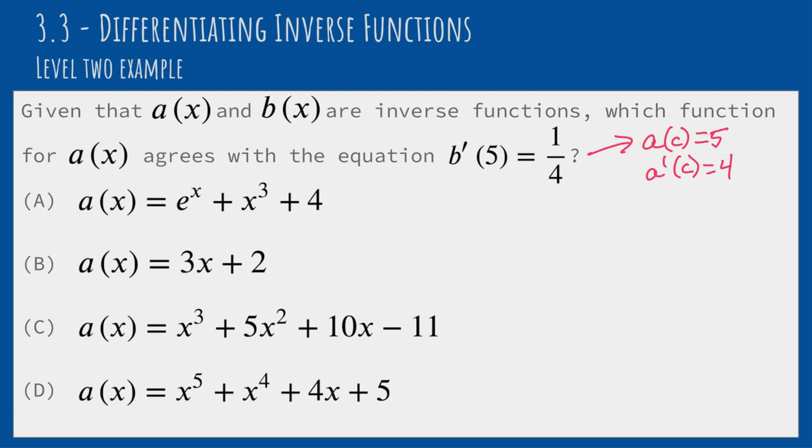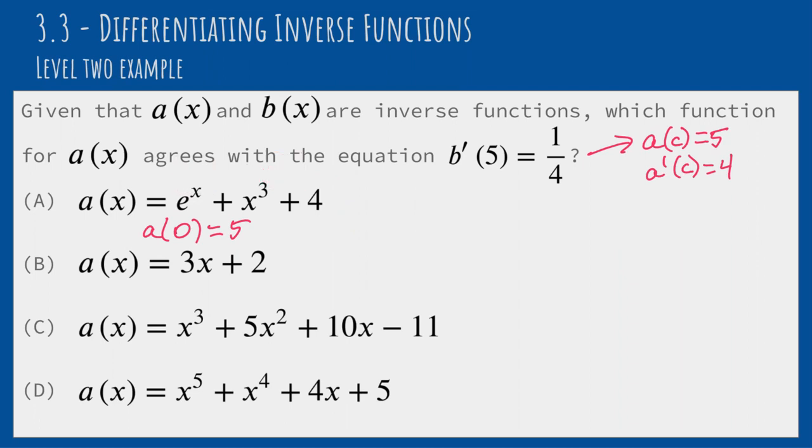So the first one, we have to figure out what we would put in for a to get 5. So a of what is going to equal 5? It looks like we're adding something to 4, so we should be adding 1. If we plug 0 in for a, we have e to the 0 plus 0 cubed plus 4, which is 1 plus 0 plus 4, which is 5.